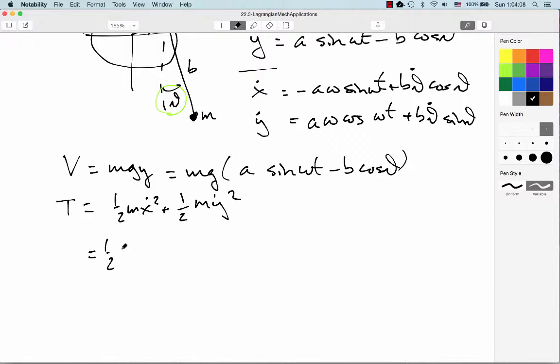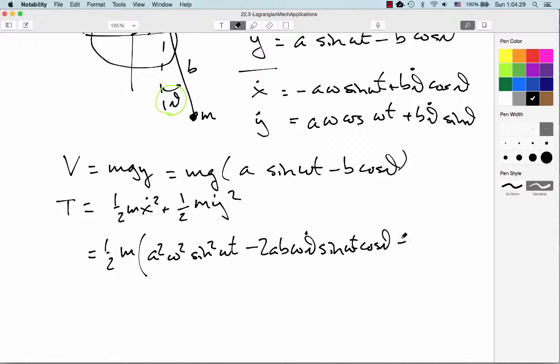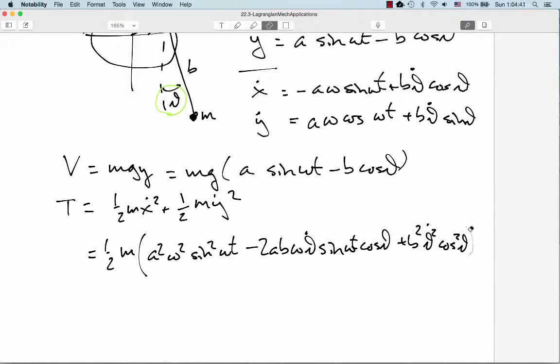That'll be 1/2 m times, okay, we gotta square that. So that's going to give me a squared omega squared sine squared omega t. The cross term will be minus 2ab omega theta dot sine omega t cos theta plus b squared theta dot squared cos squared theta. All right, oops, we don't want to close the parentheses just yet.